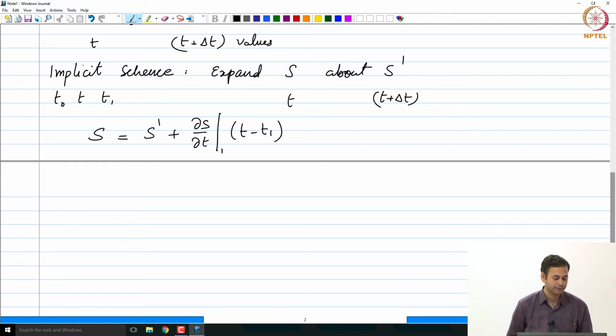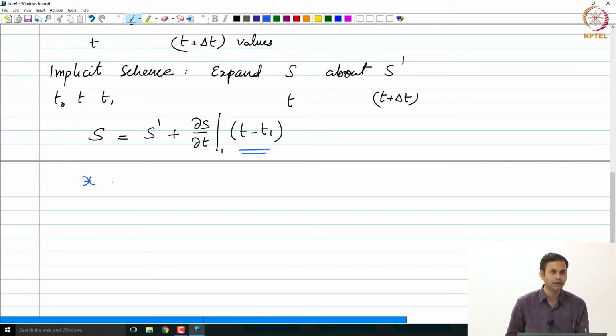So, in the second term, will it be T1? This one? Yeah. If you go back to the spatial expansion, we had some x, and then we had expanded about xp. Similarly, I have some time t which I am expanding about t1.